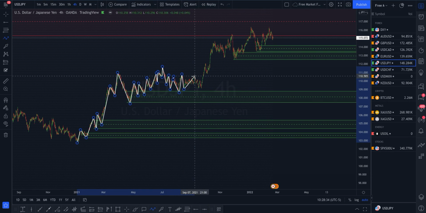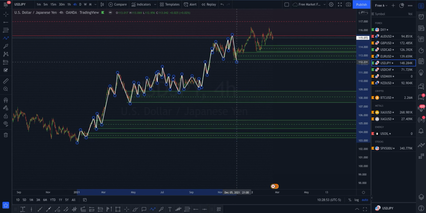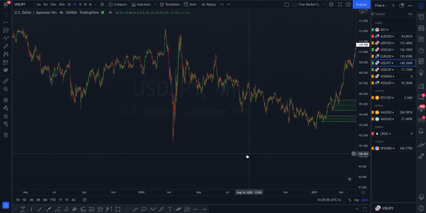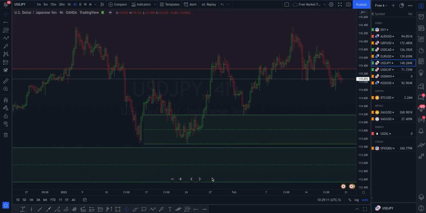There's a lot of back and forth in this area on USD JPY, but if we break above, now we're going higher. Okay, no. And we are going higher, but now, oops. All right, guys, you saw that. I'm not even about to do that.